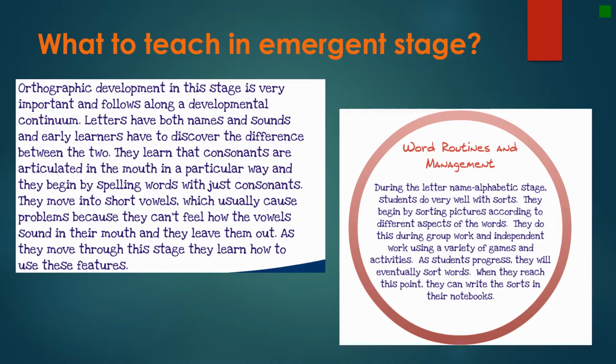And they're learning that short vowels can cause problems because they can't feel those in their mouth, so they leave them out. So that's one of the things we can teach them, how not to leave out the vowels, how every word needs to have a vowel.